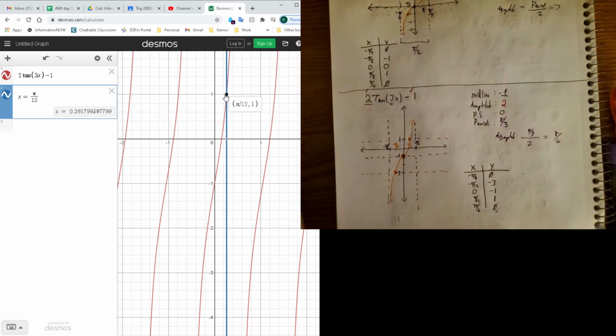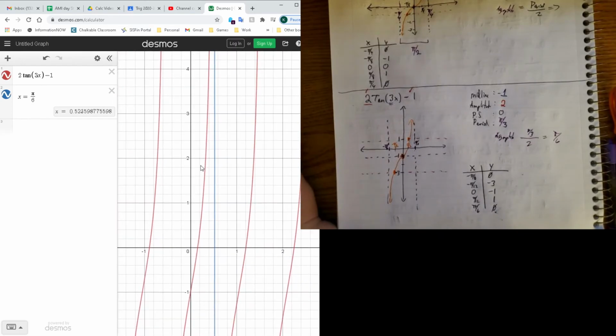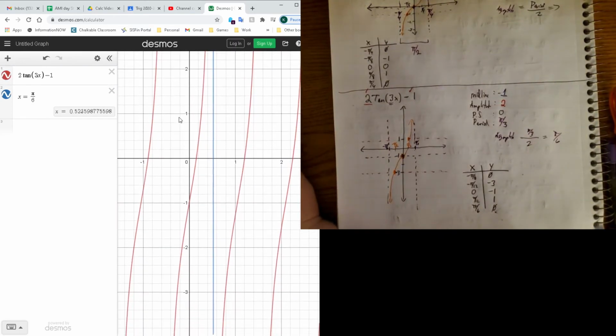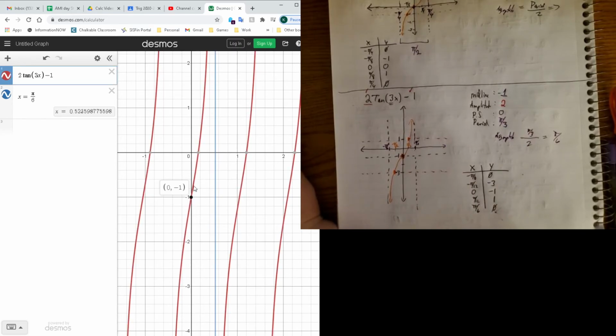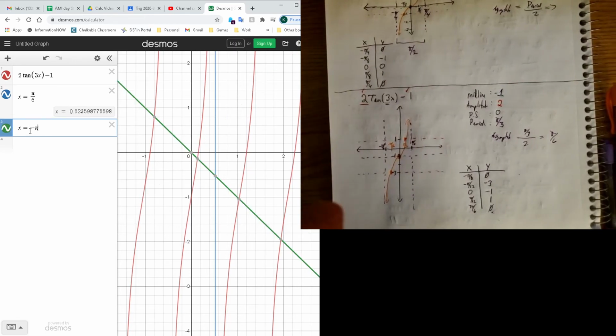That's perfect. And then at pi over 6, I clearly have the other asymptote for this middle period here. It looks beautiful. So again, my red line is clearly being boxed in by these two asymptotes at positive pi over 6 and at negative pi over 6.